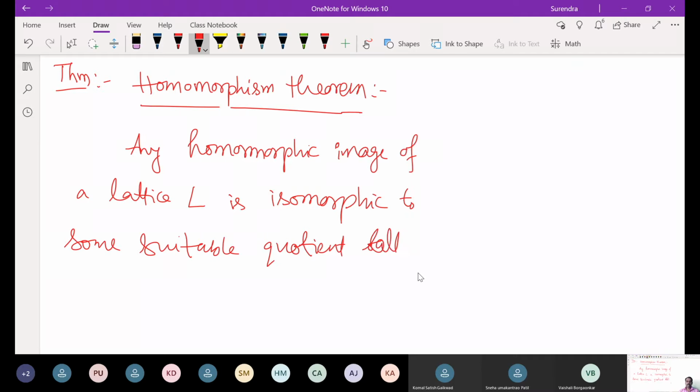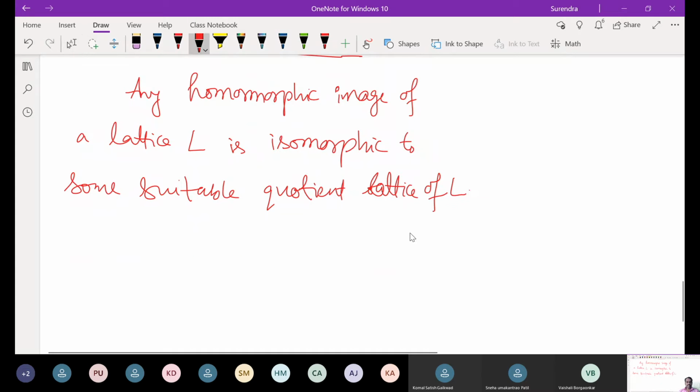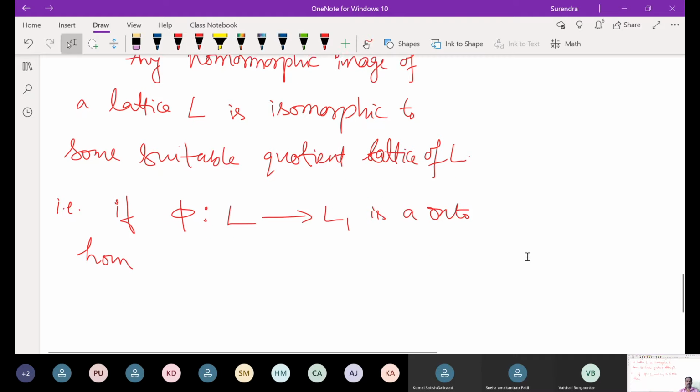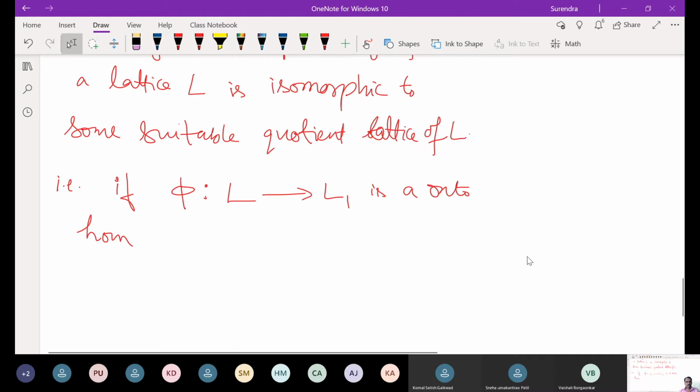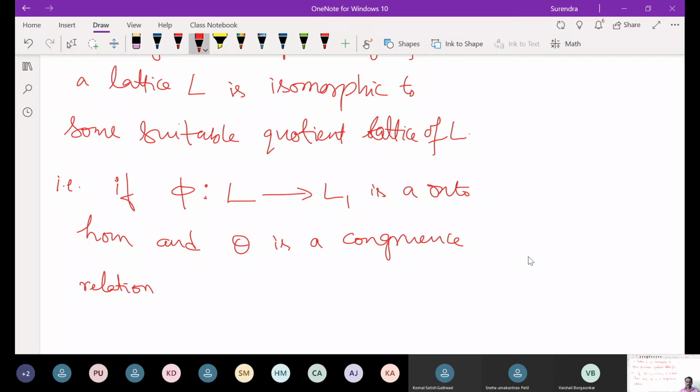Quotient lattice of L. This is the same as saying that if phi is a map from L to L1 and is an onto homomorphism, and theta is a congruence relation, because whenever we want to talk about a quotient, we require a congruence relation.